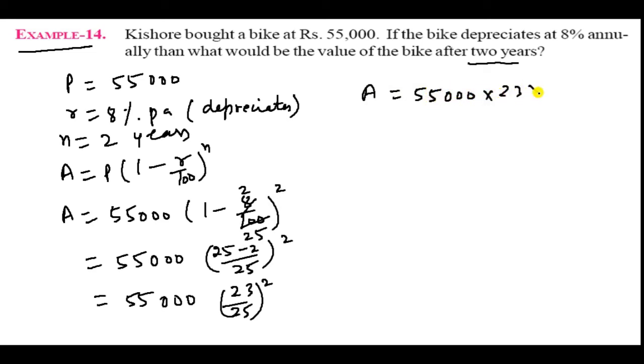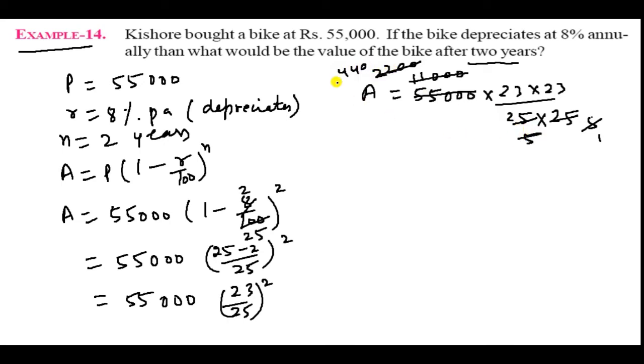So it will be equal to 55,000 and the LCM is 25, and 25 minus 2 and whole square. So we get 55,000 and here is 23 upon 25 and whole square. 55,000, here is 23 into 23 upon 25 into 25.